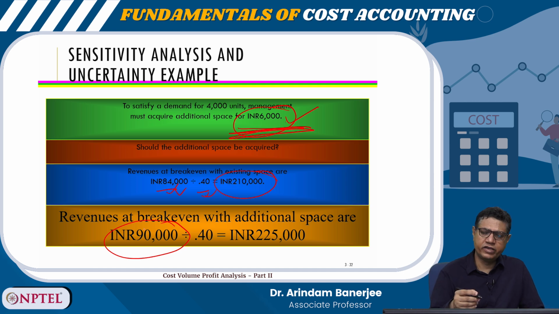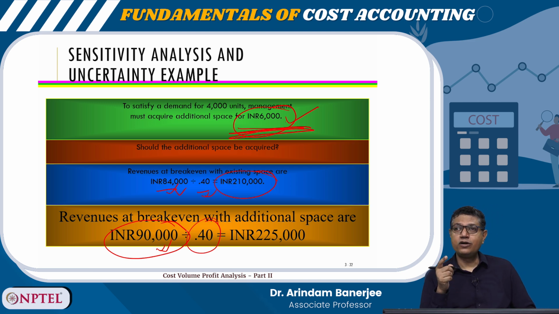So, what is the new fixed cost? 90,000, and the contribution margin we calculated, that is 0.4. This contribution margin is not changing. Why is it not changing? Because I am not changing selling price, and my other variable costs also are not changing. I am assuming that will remain the same in a given time period.